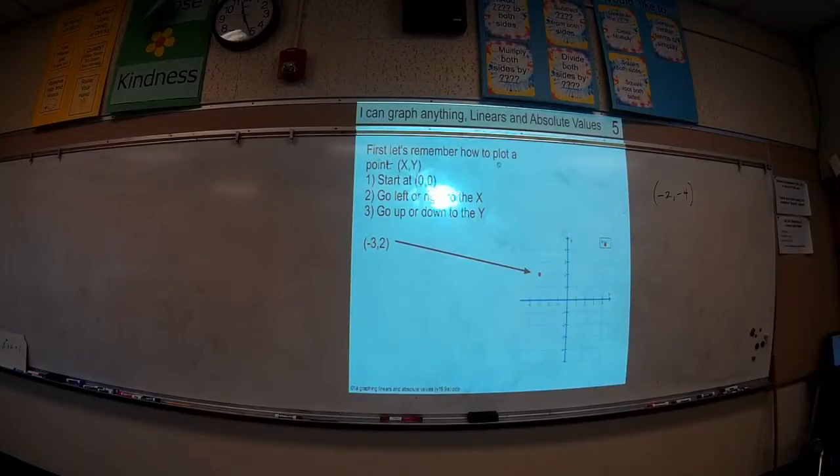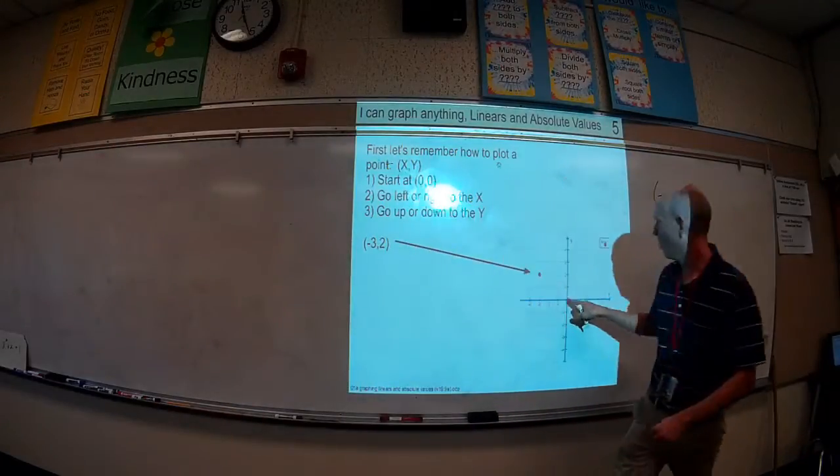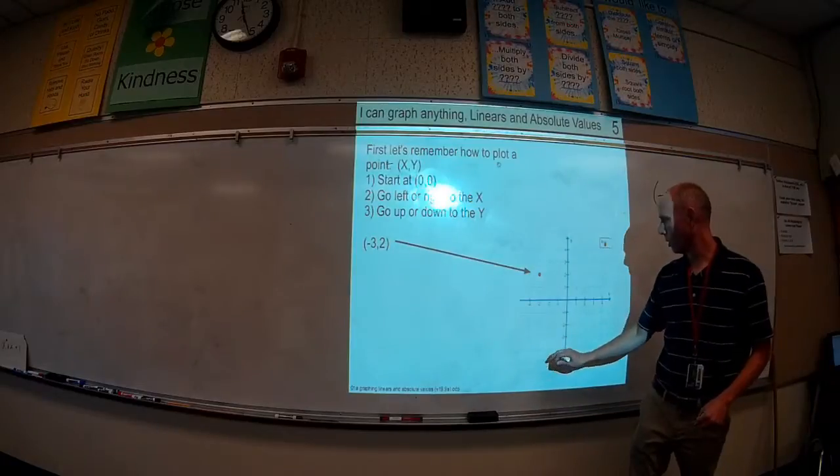Same thing. Do not number these. When you number it, you're actually making errors and making it not work. Don't number it, just count the squares. Good. Negative 2, negative 4. 1, 2, 1, 2, 3, 4.